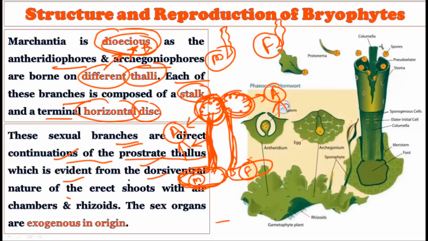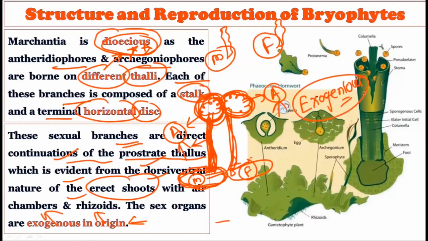So they are in direct continuation with the prostrate thallus, which is evident from the dorsiventral nature of the erect shoots with chambers and rhizoids. The sex organs are exogenous in origin. That literally means this antheridiophore and the archegoniophore come out of the outer tissues, not from the inner tissue of the gametophyte. The gametophyte's outer tissue is responsible for giving rise to this antheridiophore and the archegoniophore, and hence we describe the sex organs as exogenous in origin, and not endogenous in origin.